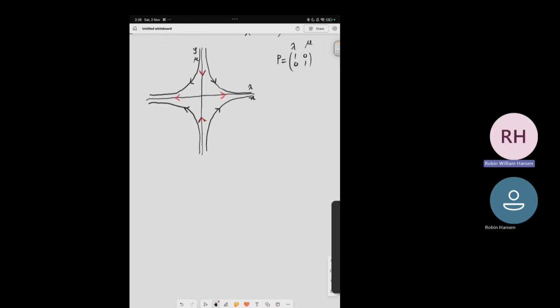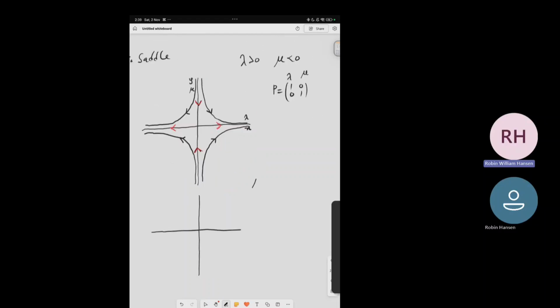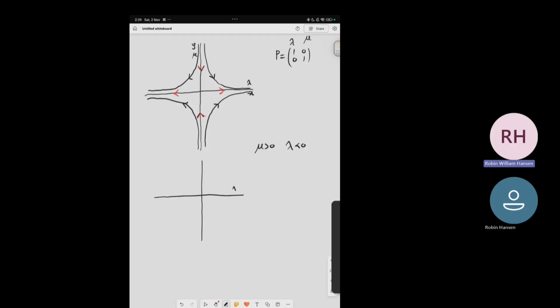Now, in the case where mu is greater than 0 and lambda is less than 0, this will be your lambda, this will be your mu. Remember, this is your y-axis, this is your x-axis. They lie on the axes themselves. That's why I write them close to it.